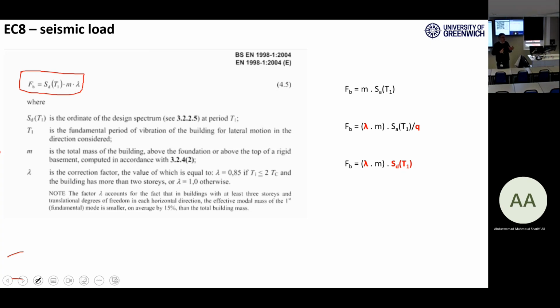Wind load is a lateral load, but really different from seismic load because wind load depends on the wind speed, which is out of your control, and also the area of your structure facing the wind. So it doesn't really relate to the mass of your structure, does it? But seismic load is really a different kind of load.